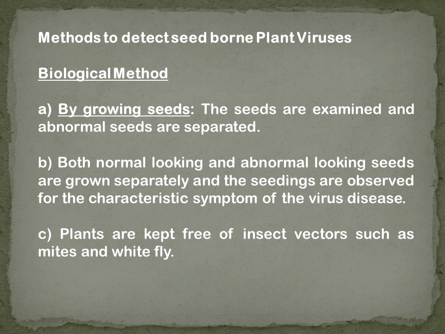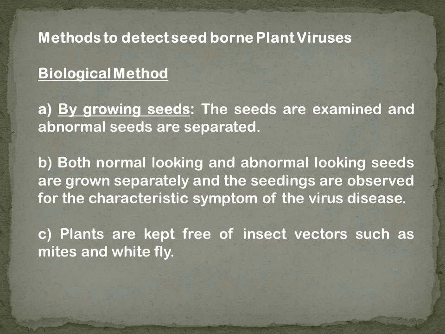Plant viruses are again very dangerous because you cannot control the plant viruses; you can only control the vectors. The method is called the biological method. By growing seeds, the seeds are examined and the abnormal seeds are separated. This is a very clever manner.